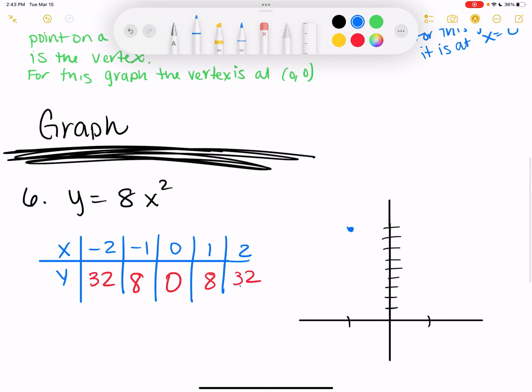Plot a point. At 0, it's at 0. Then at 1, it's at 8. And then we play connect the dots. And I want to make a note of something. This is not pointed. It's not a V. It's rounded. Okay?